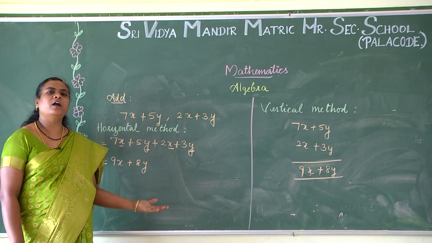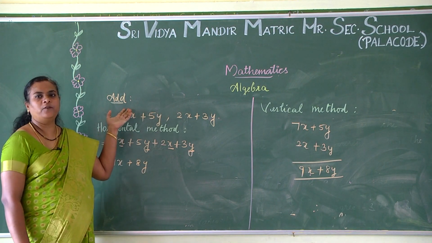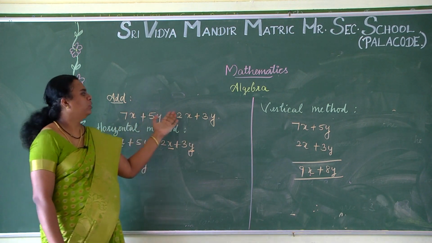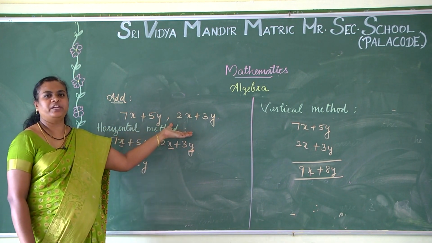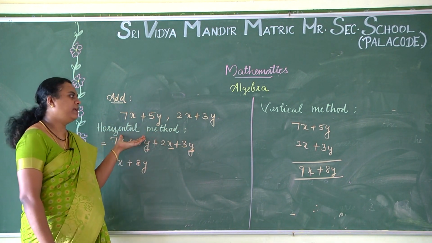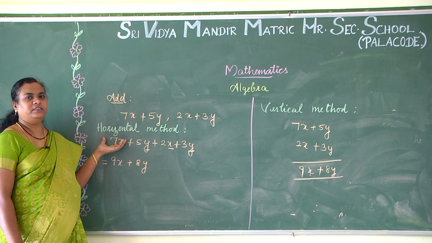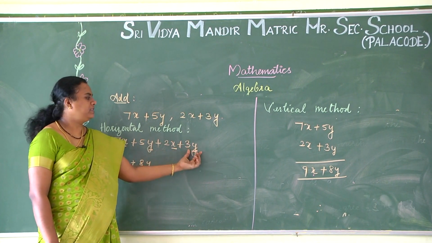Now we are moving on to the practical session. Let us see addition of two algebraic expressions, 7x plus 5y and 2x plus 3y. These algebraic expressions can be solved by the horizontal and vertical method. First we see the horizontal method: 7x plus 5y plus 2x plus 3y.